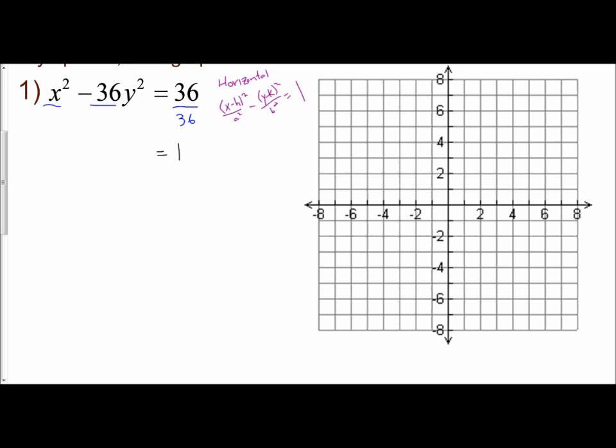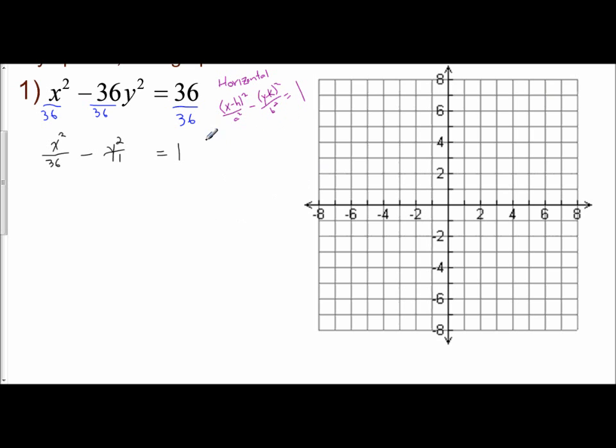And so I have to divide both terms on the left side by 36. And so that gives me x squared over 36 minus y squared equals 1. Now that is the standard form. Now if we want for our work, we can put in the over 1, that way we can see what b squared is.